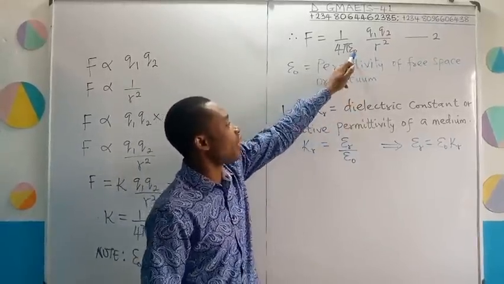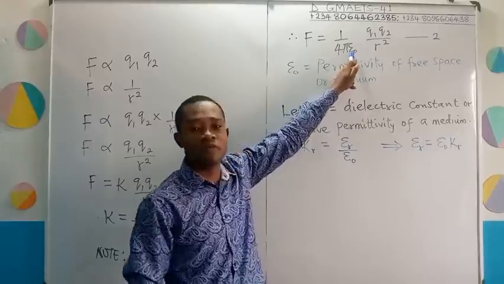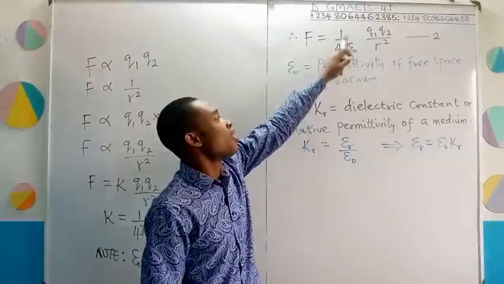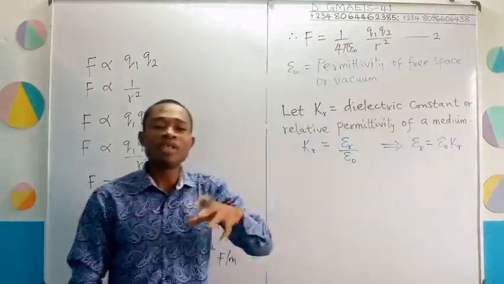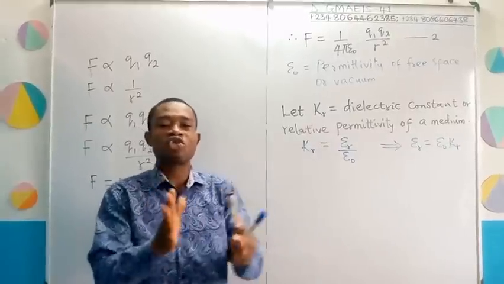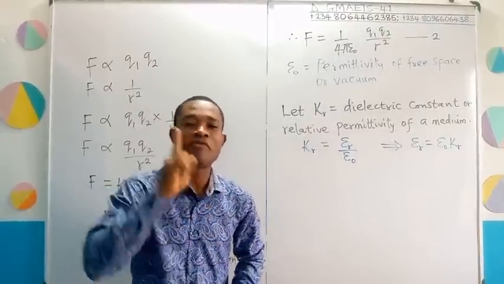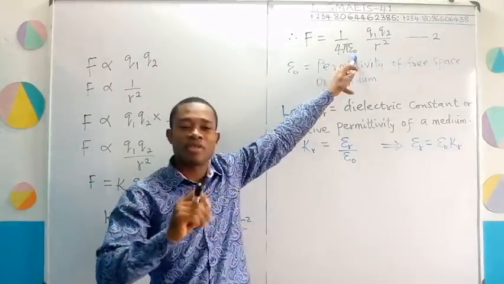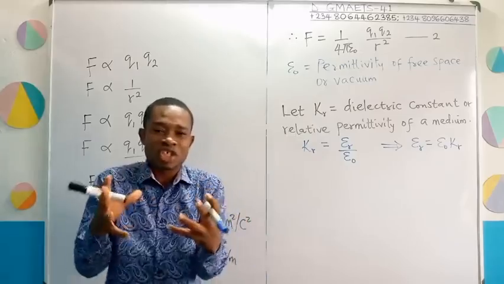It is true that usually we write Coulomb's law in terms of the permittivity of free space. But the truth of the matter remains that with this permittivity of free space, we have restricted Coulomb's law to vacuum.